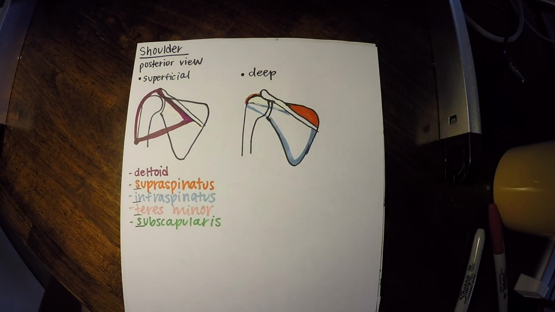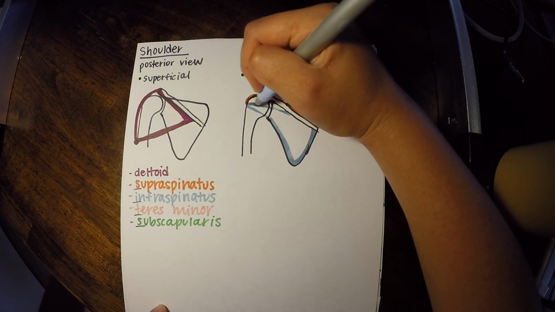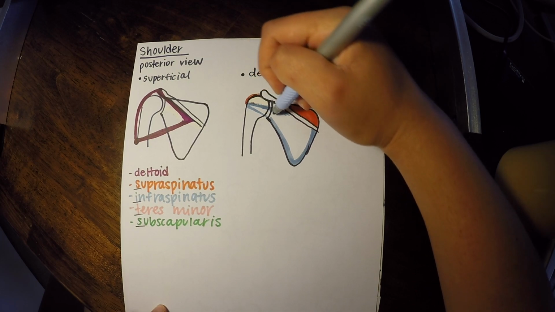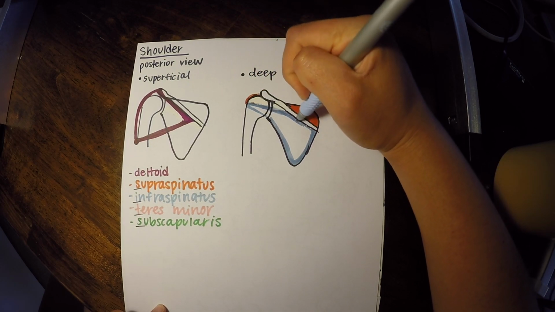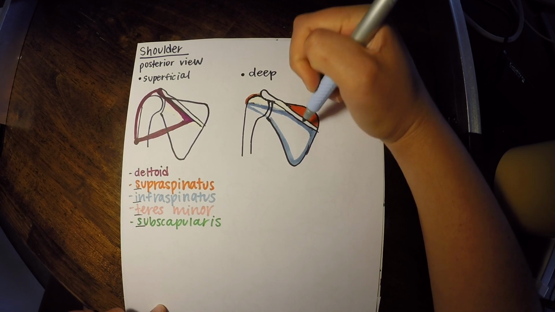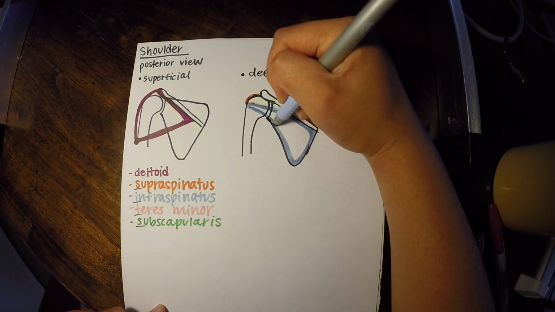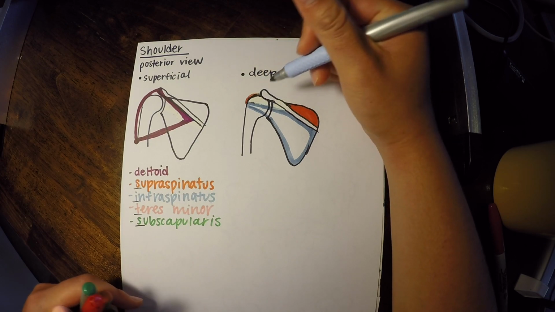So this is one of those muscles that I think I'm just going to draw an outline for here. Perfect, so it goes from our infraspinous fossa all the way over to our humerus.